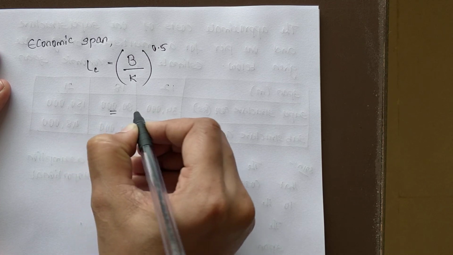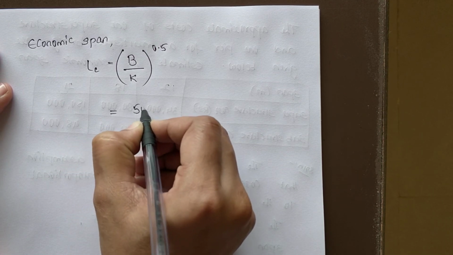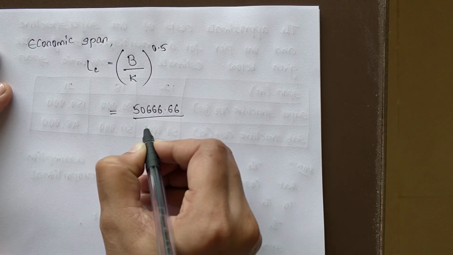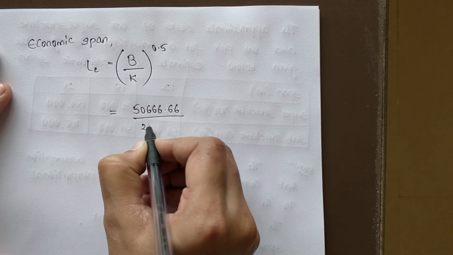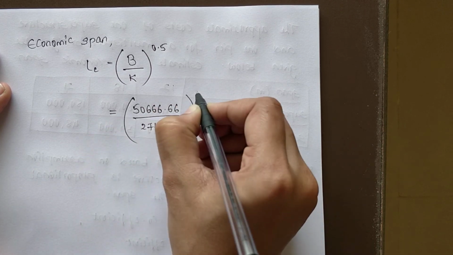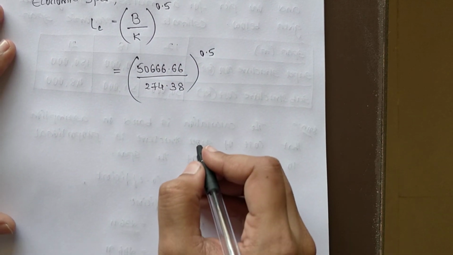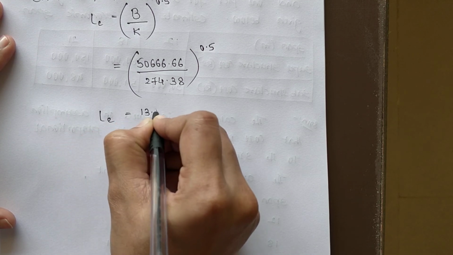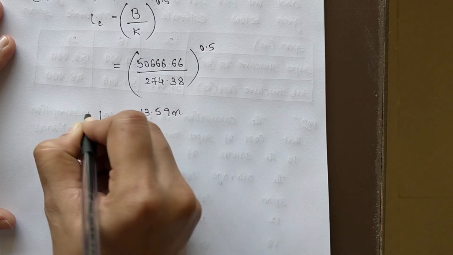The average cost of one pier you have calculated is 50666.66, divided by the K value, that is 274.38, whole to the power of 0.5. Then the economic span LE you will get as 13.59 meter.